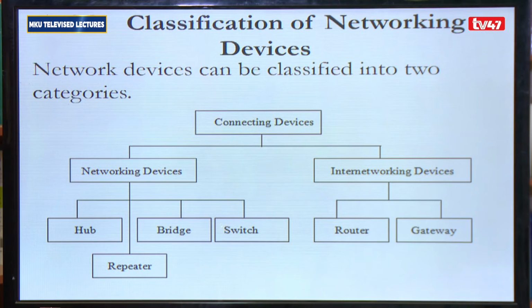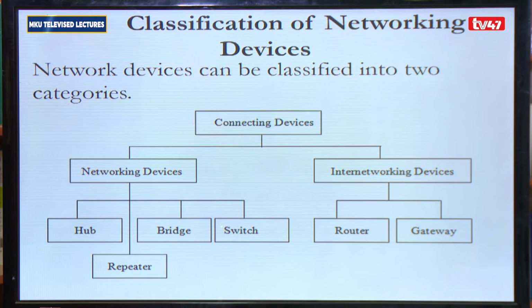But to interconnect multiple networks, say you have network A and you want to connect it to network B for another organization or another company, with another network C, you require inter-networking devices, where we have routers, brouters, gateways, and so on. They are referred to as inter-networking devices.